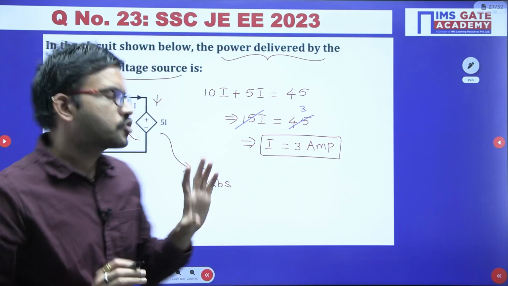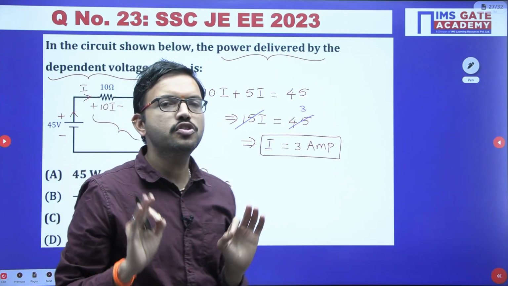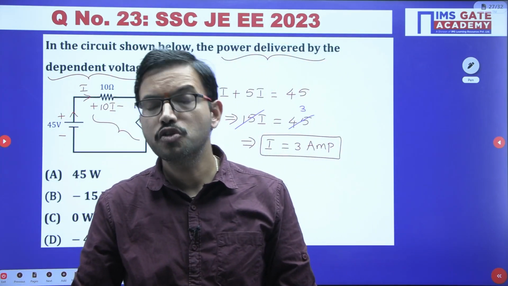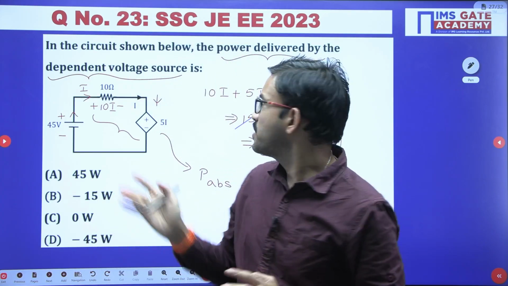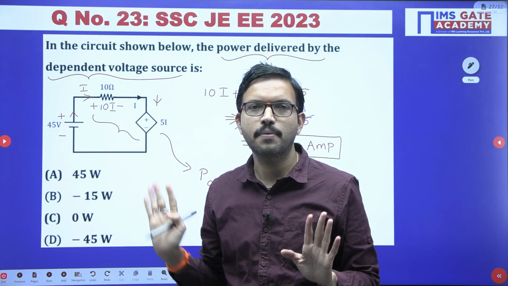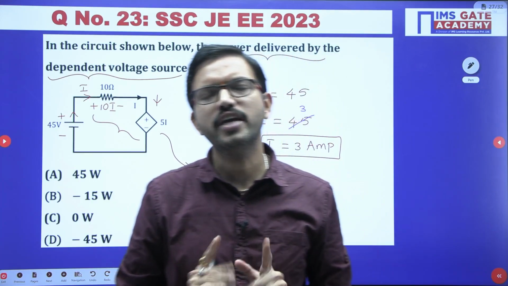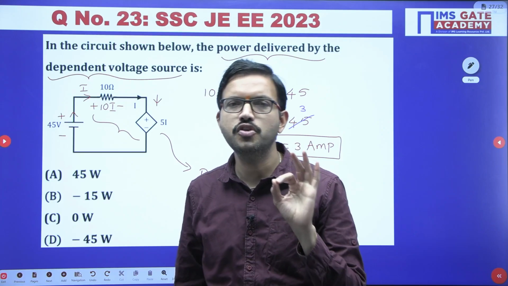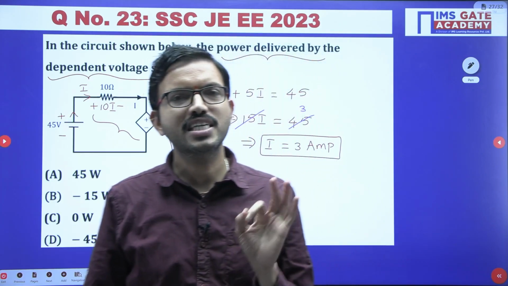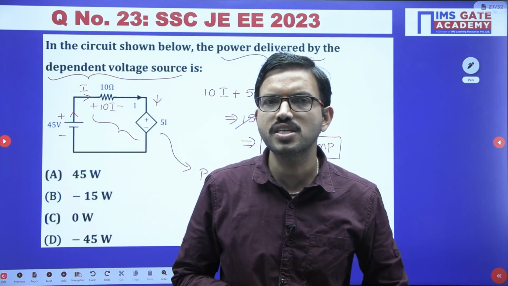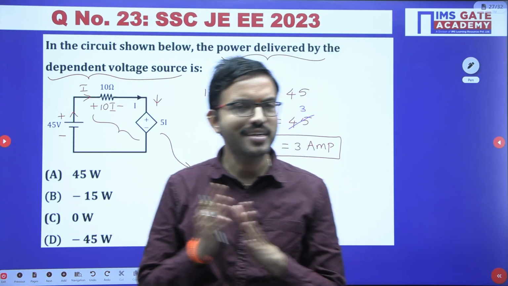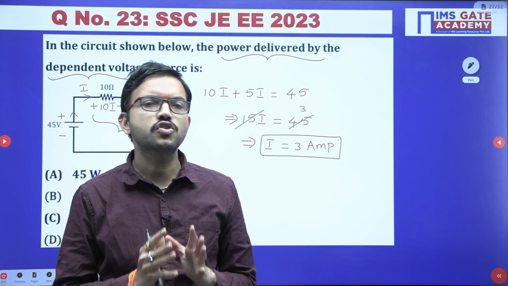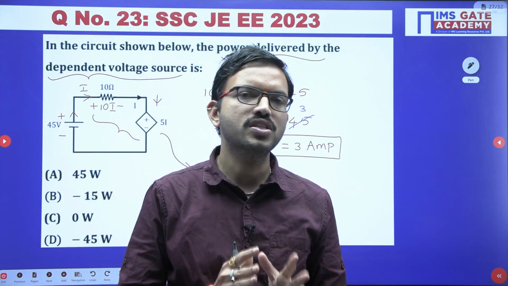So don't hold any misconception or make silly mistakes. Just because the word source is mentioned doesn't mean it always delivers power. If the given circuit has only one source, definitely that source delivers the power. But if the circuit has more than one source, some sources can deliver power and some can absorb power.